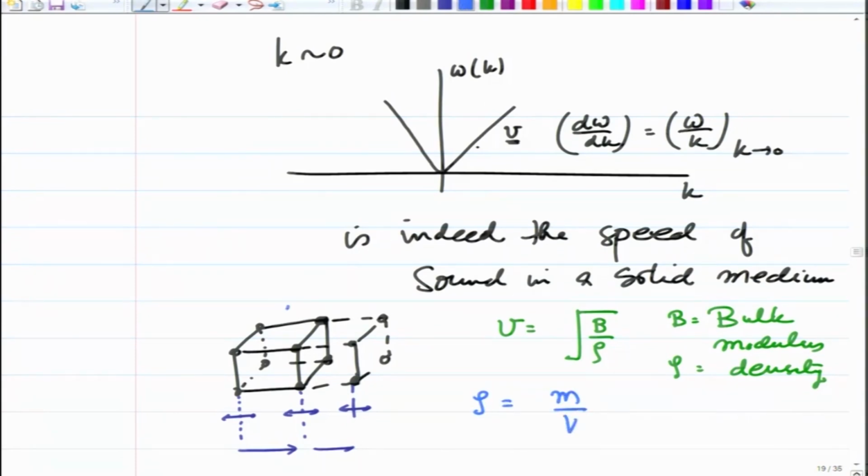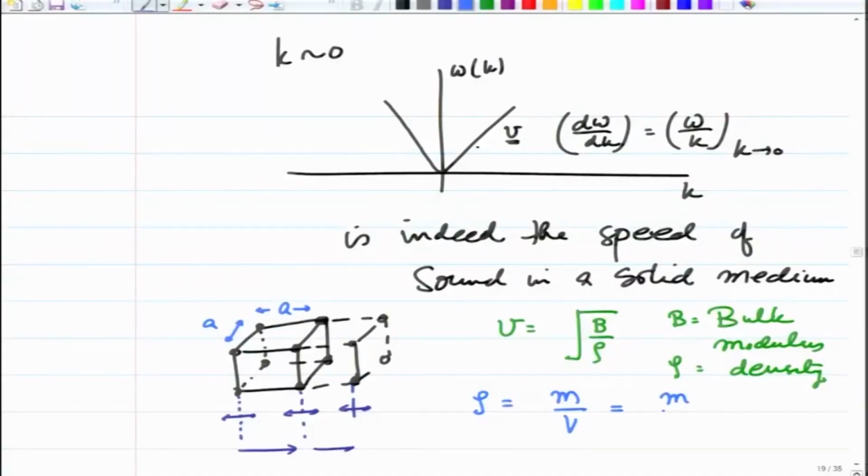If I take the side of this cube to be a, then the density of the solid would be equal to, each atom is divided into 8 different cubes, so mass for each cube is going to be m divided by a cubed. This is the density.